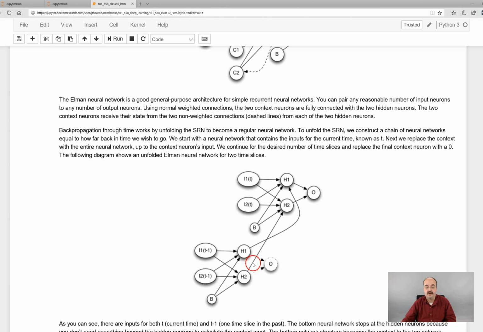That's because we don't care. There's no reason to even calculate it. We don't need the output from the previous calls. We just need to calculate these up to hidden 1 and hidden 2, and then hijack those values and pass them into hidden 1 and hidden 2 to represent the context. And that is basically the values that we need to have in order to have this.